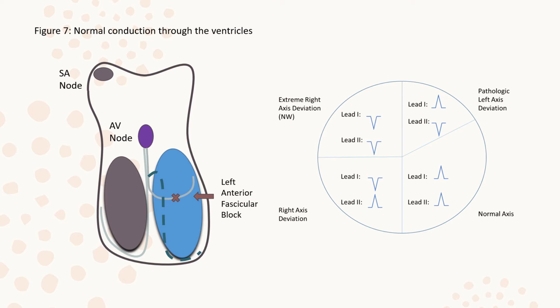Let's say it was sinus rhythm and they had a pathologic left axis deviation, you would say sinus rhythm with a left anterior fascicular block. That would actually be part of your interpretation because you have that pathologic left axis deviation. It's always and forever. One equals the other. So when you find that pathologic left axis deviation, it automatically means you have a left anterior fascicular block.